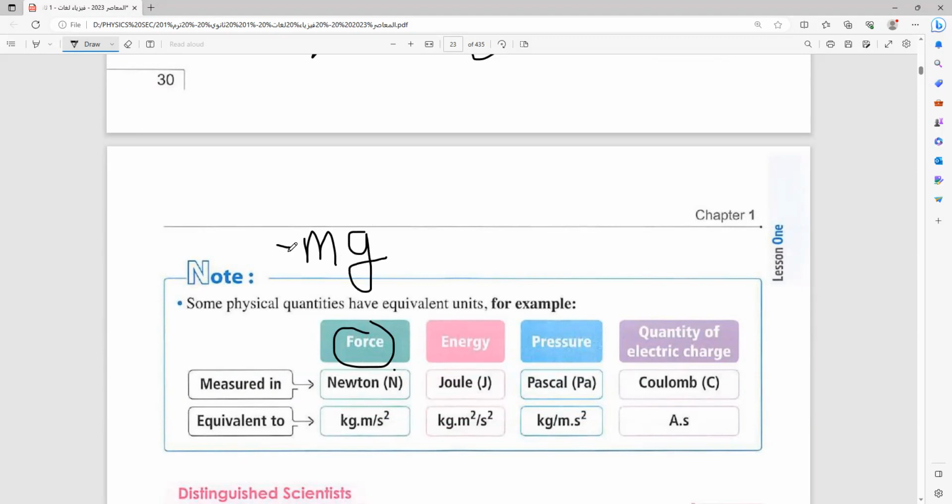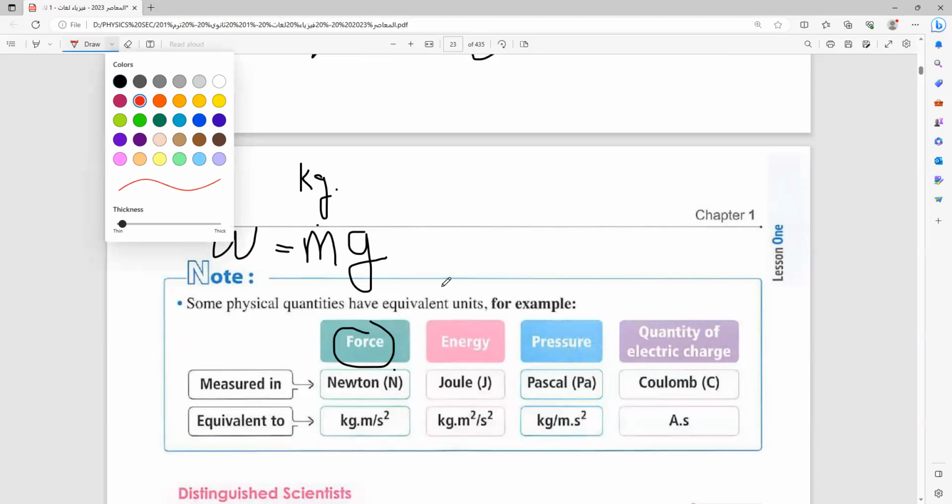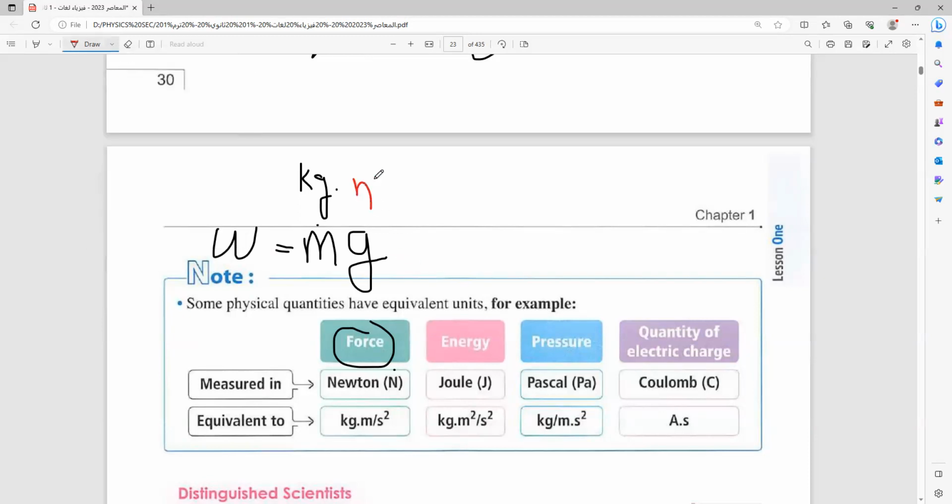Mass is measured by kilogram. Gravity acceleration is measured by meter per second squared. So Newton equals kilogram meter per second squared.